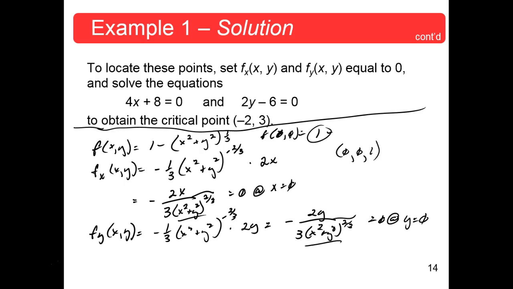Now, the other issue, if you look at any values of x close to 0 but not 0, for instance, let's just take 1, f(1, 1), say, that would be 1 minus some positive number, the cube root of a positive number. Well, the cube root of a positive number is always positive. So, guess what?